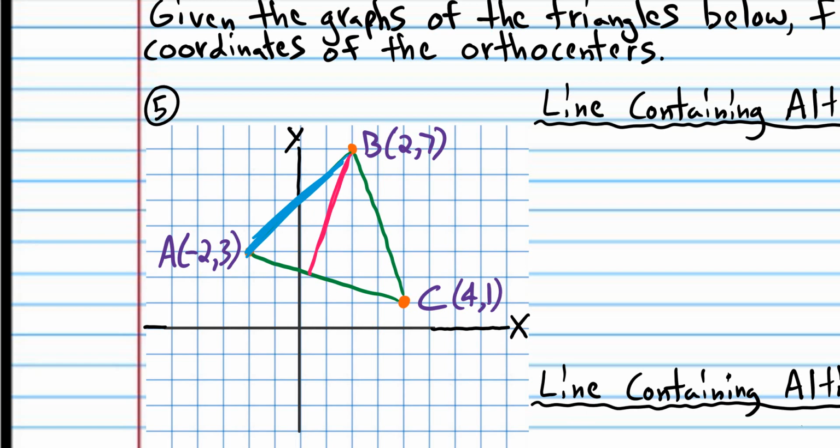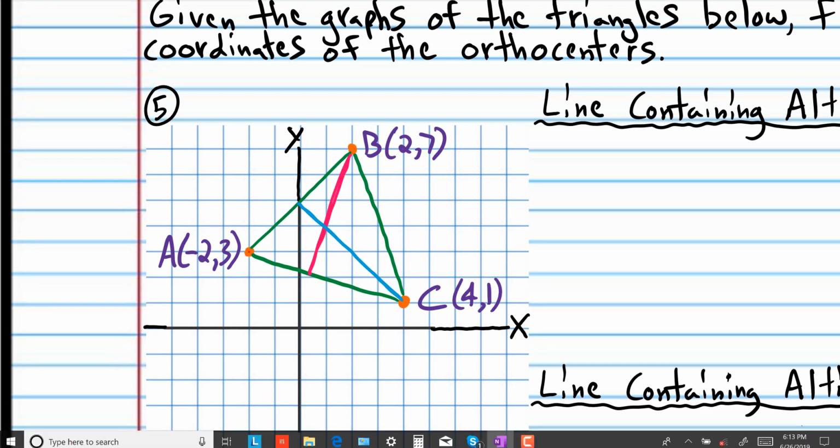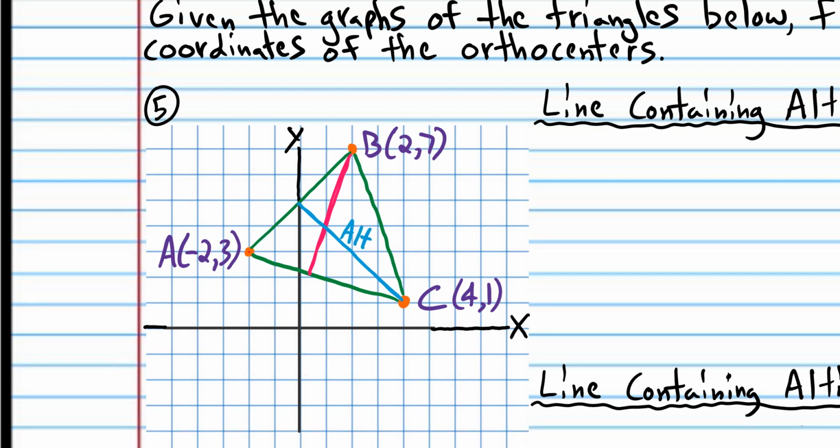Then the height of the triangle is going to be something like this. And by the way, the heights are called altitudes. So that's going to be altitude 2, and the other one we can call altitude 1.